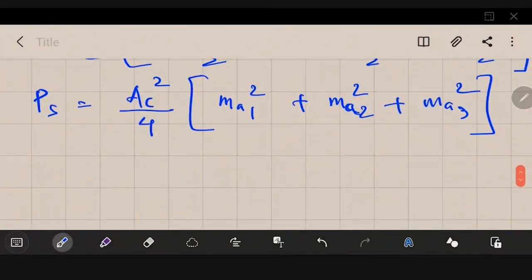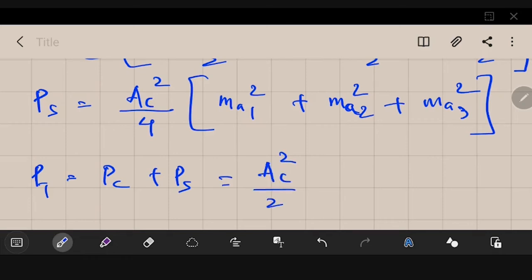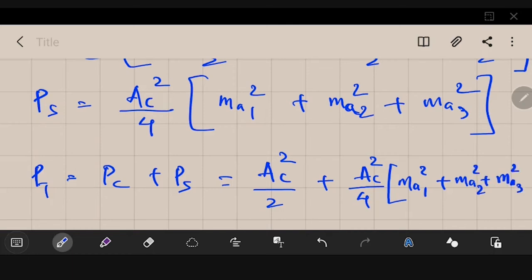So the total power, we know the formula that PT is equal to PC plus PS. And we have already found PC to be AC square by 2. And for this PS, the things are already on the top. Let us put them here. So AC square by 4, and in the bracket MA1 square plus MA2 square plus MA3 square.